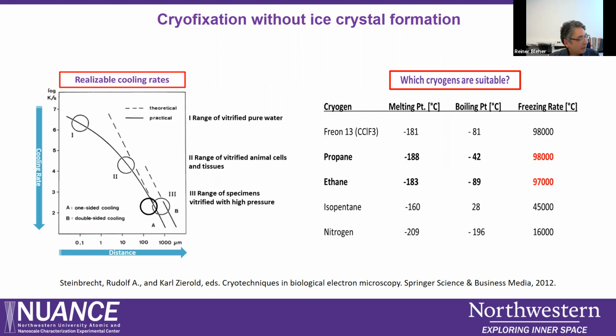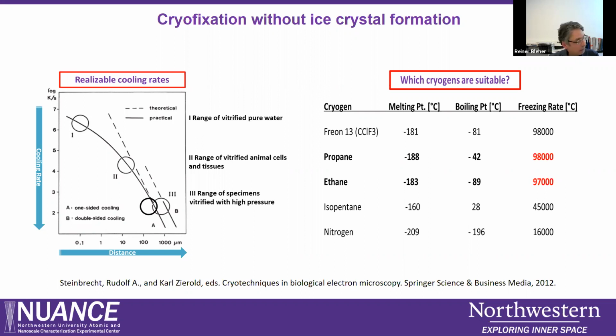So now that we have seen that we need freezing rates of close to 100,000 degrees per second to vitrify biological samples or samples with over 50% water content by plunge freezing, we can see from this table that Freon 13, propane, and ethane are good candidates as cryogens. However, Freon 13 is a greenhouse gas and was more or less forbidden in the 90s, and so that cannot be used anymore.